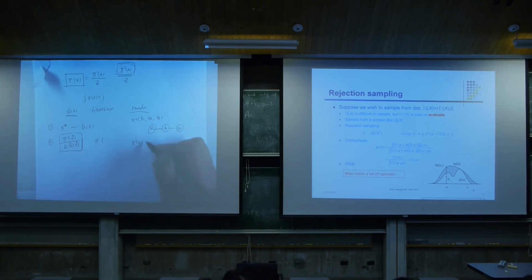So π'(x) can be defined as exp of the pairwise potential, φ(x1, x2) plus φ(x2, x3), the binary potentials, plus the unary potentials. This is an example of the potential function, right? The φ and the ψ are functions you defined.